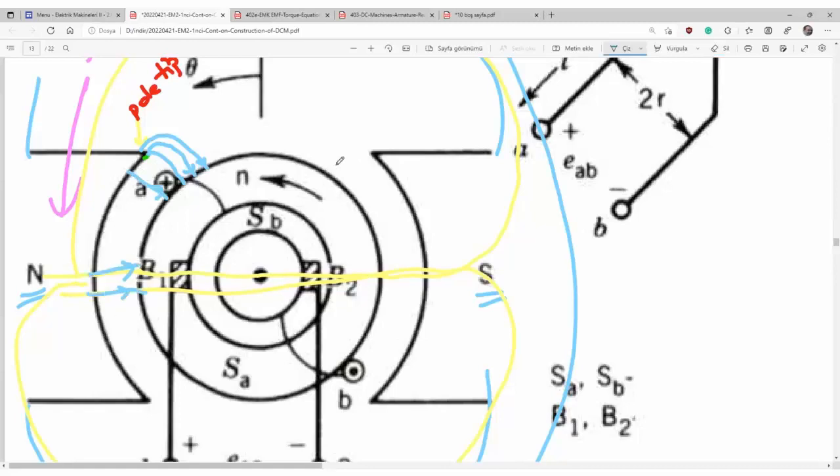And here again, some of the lines will be like this. The shortest path will be chosen for the magnetic field lines.